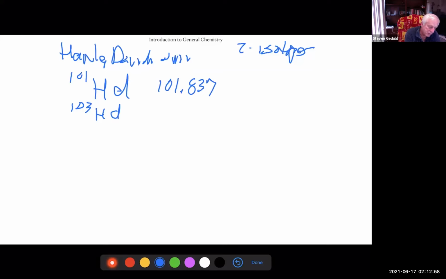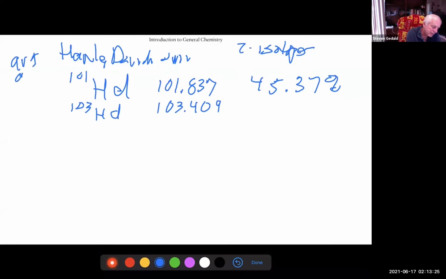We know Harley-Davidsonium 103 has a mass of 103.409 grams. In nature, we find that Harley-Davidsonium 101 occupies 45.37%. What is the average atomic mass? Okay.